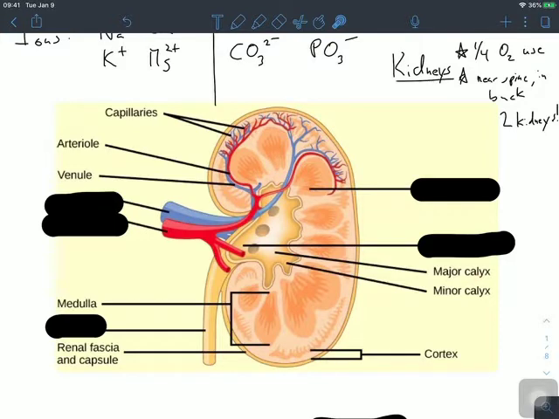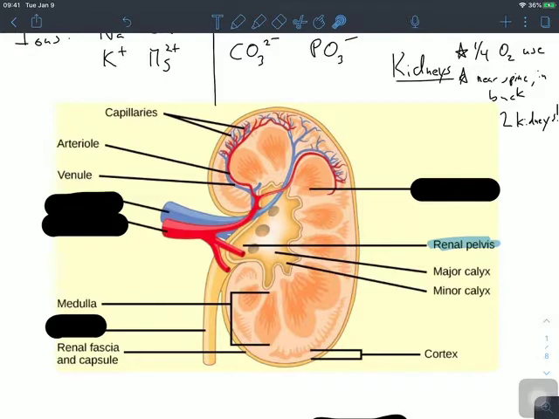The major and minor calyxes are essentially just cups in this massive feature called the renal pelvis. More on this structure in a moment. And then we have the medulla, a particular region of the kidney with nephrons, and the cortex, the region on the outside. And then we have the fascia and capsule, the features that make the boundary of the kidney.